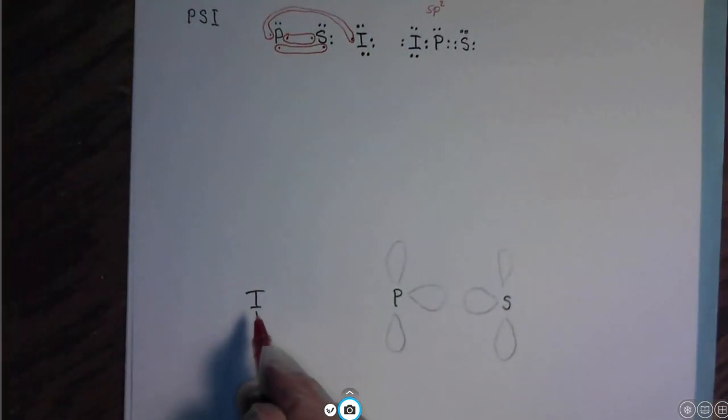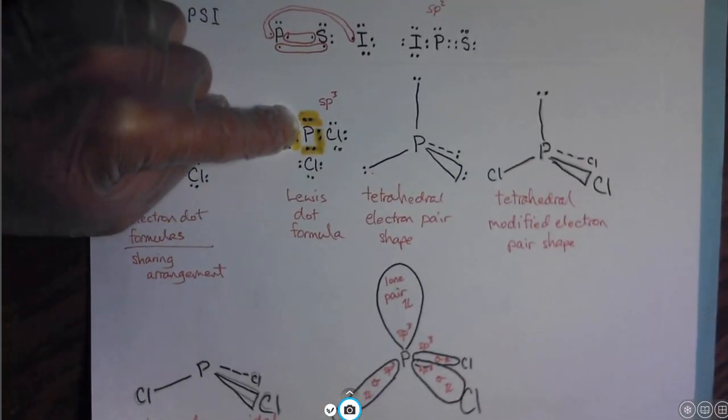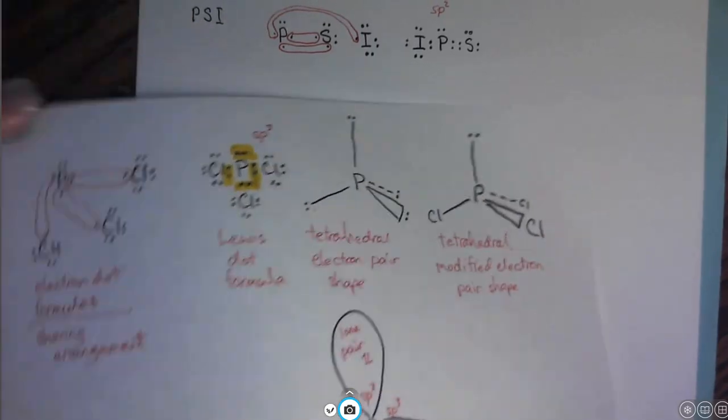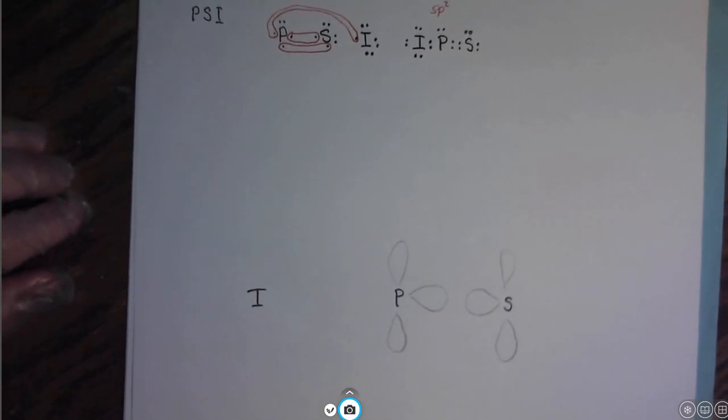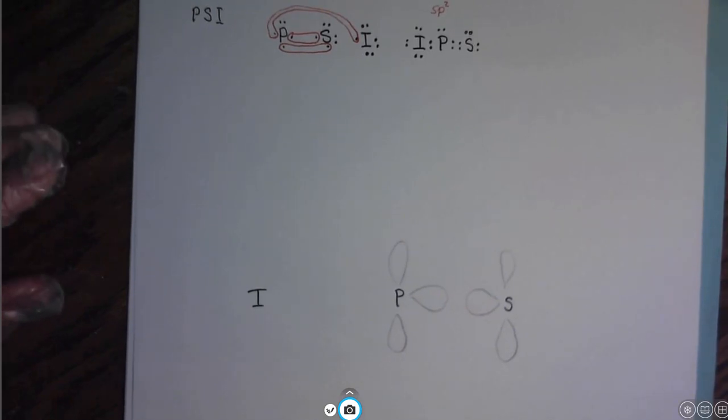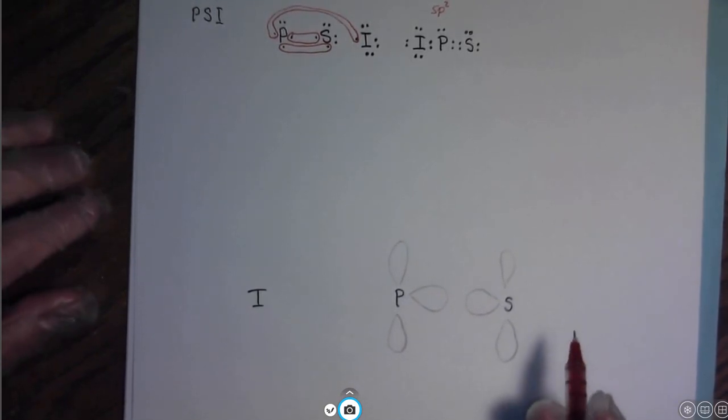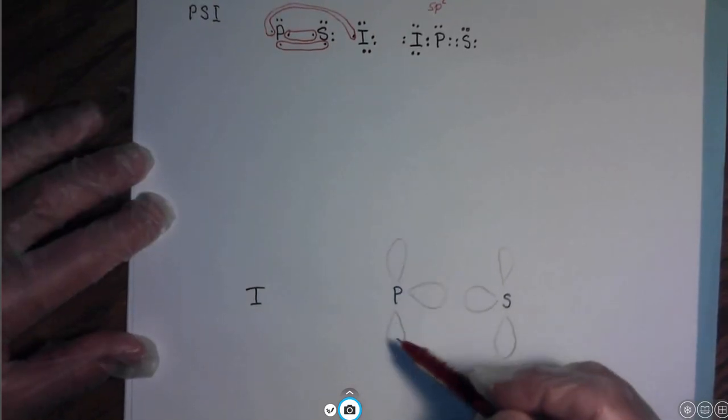If I have nothing but single bonds and lone pairs like I had here, that's sp3. If I have a triple bond on an atom, that has to be sp hybridization. Also, if you had two double bonds on the same atom, like carbon dioxide, that's sp. Okay? All right, so we've got a p orbital that's not hybridized.